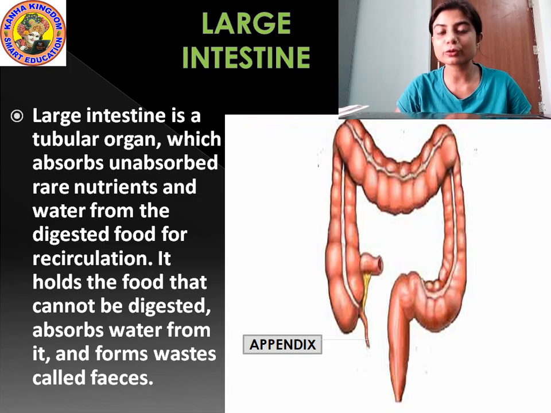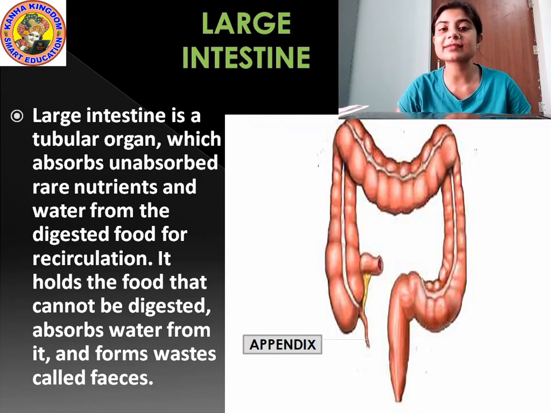And the remaining food, the food that is not absorbed in the small intestine, passes into the large intestine, where some rare nutrients that were not absorbed in the small intestine are absorbed.